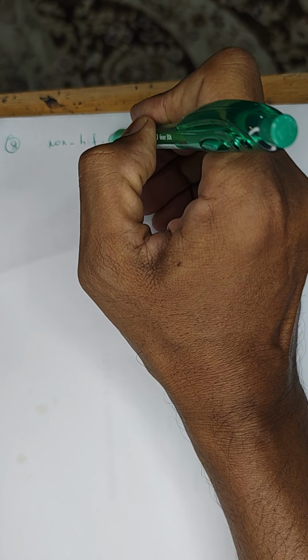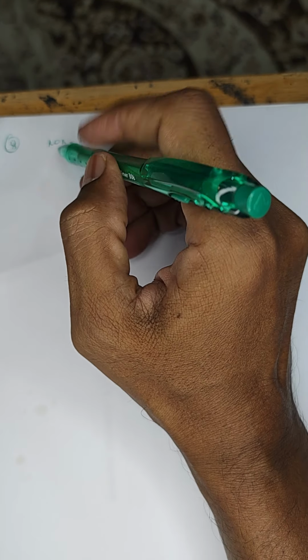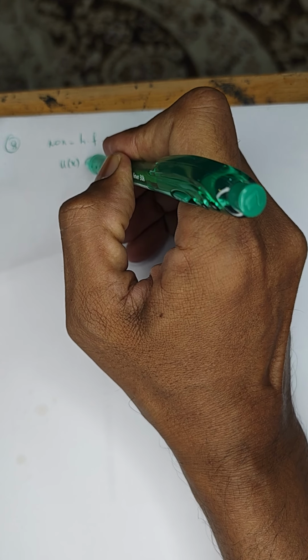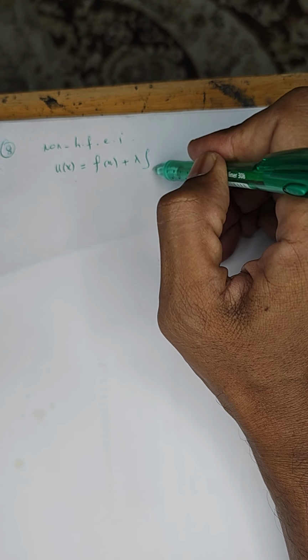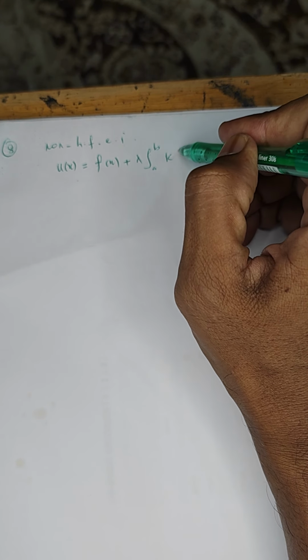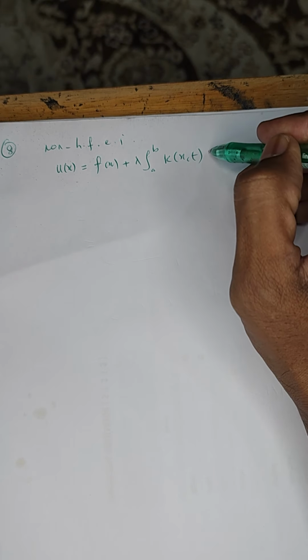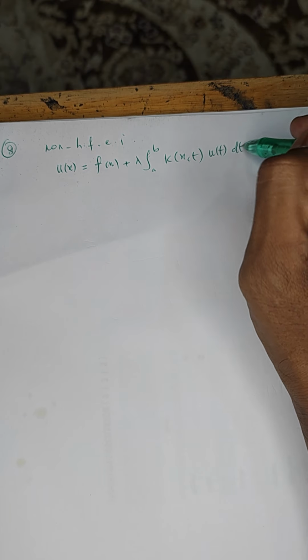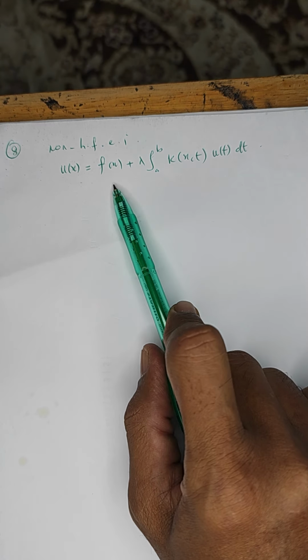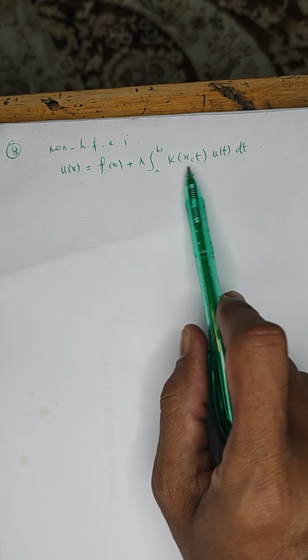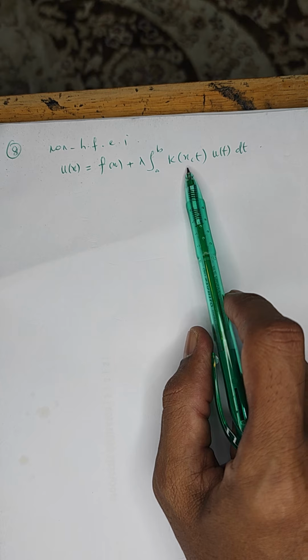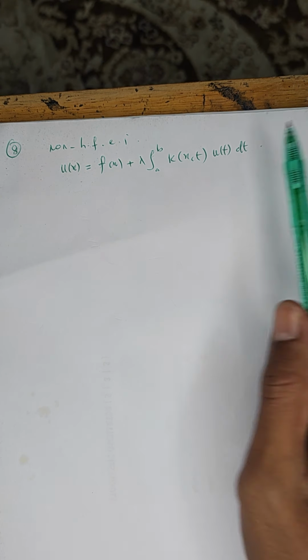The non-homogeneous Fredholm integral equation is of this form, we have written this many times: u(x) = f(x) + lambda integral from a to b of k(x,t) u(t) dt, where f(x) and k(x,t) are known functions, k is known as the kernel of the integral, and u is the unknown function, or the function to be determined.